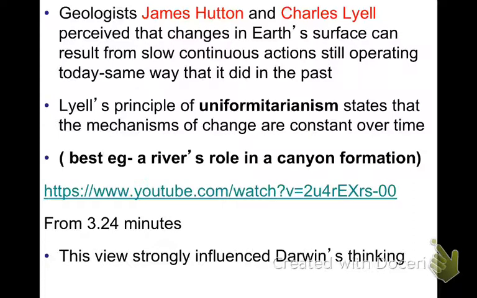Then the geologist Charles Lyell came up with the principle of uniformitarianism, which states that the mechanisms of change are constant over time.